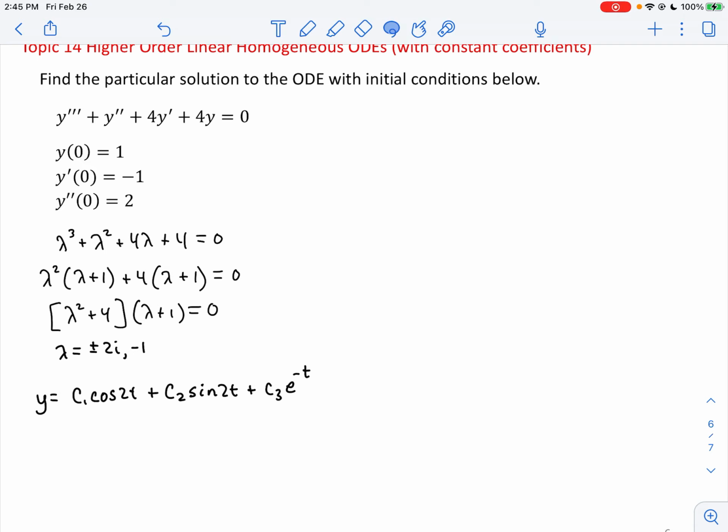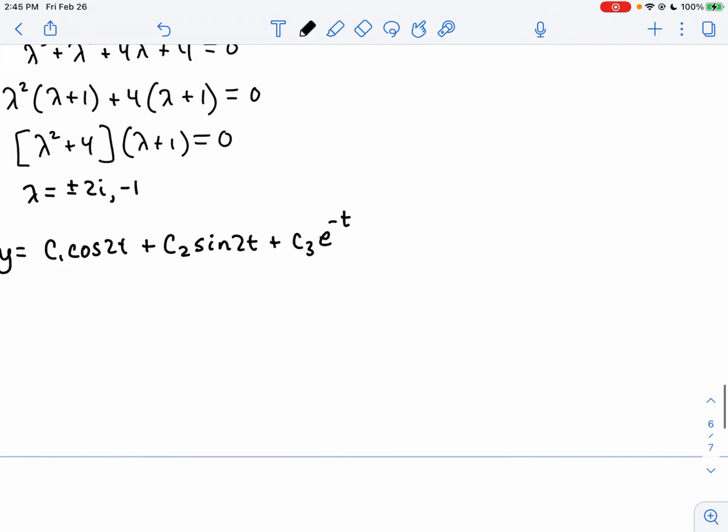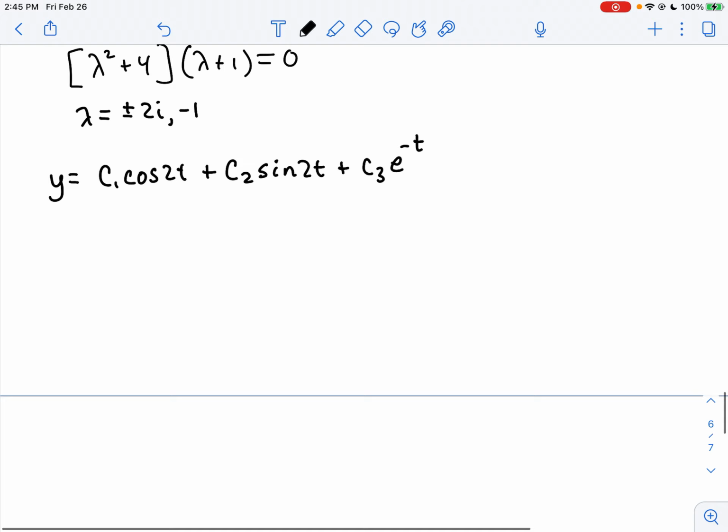Okay, now in order to determine what C1, C2, and C3 are, we have to use all this information, which means that we also have to find the derivative of our general solution and the second derivative. So I'm going to do that right now before we go much further. So y prime, the derivative of C1 cosine 2t will be -2C1 sine 2t.